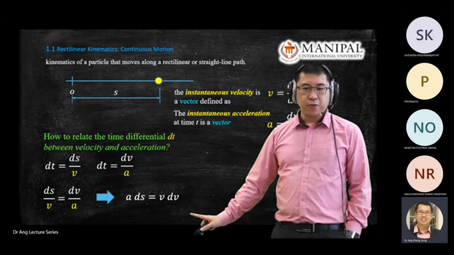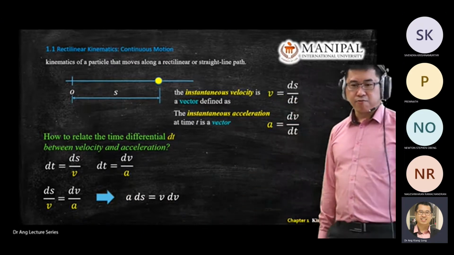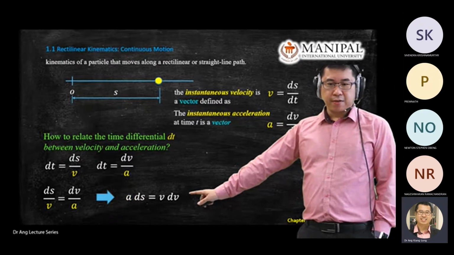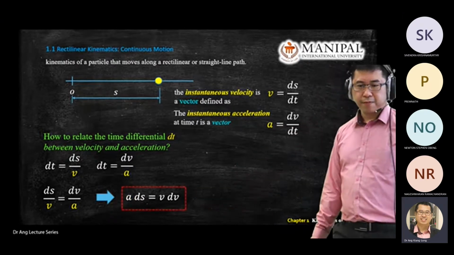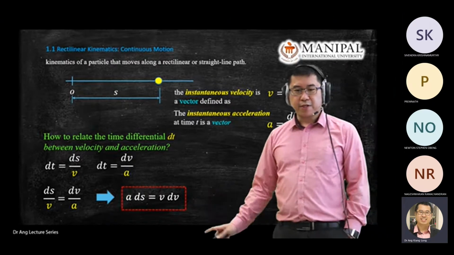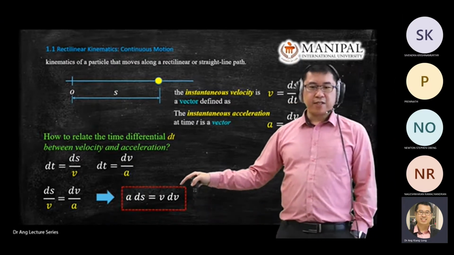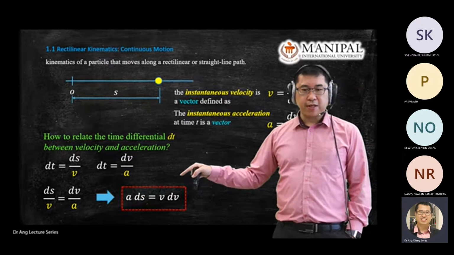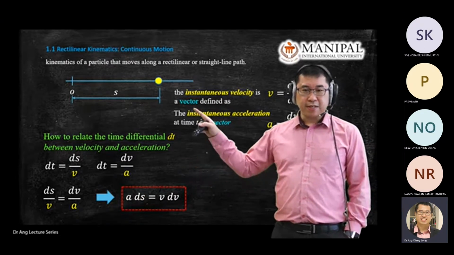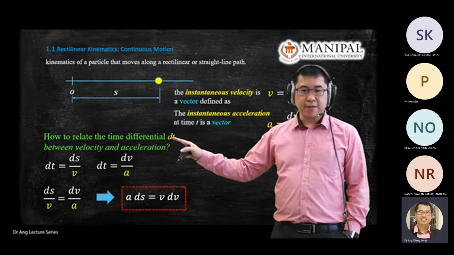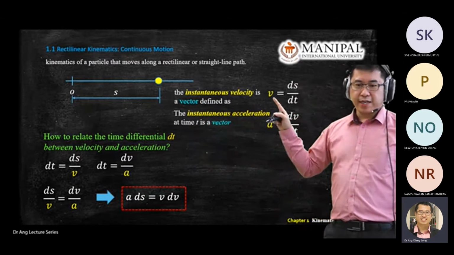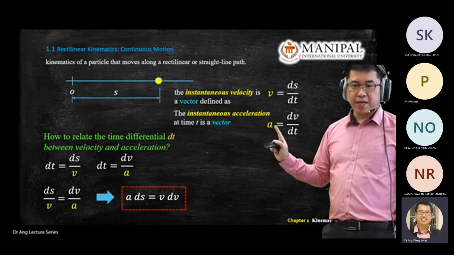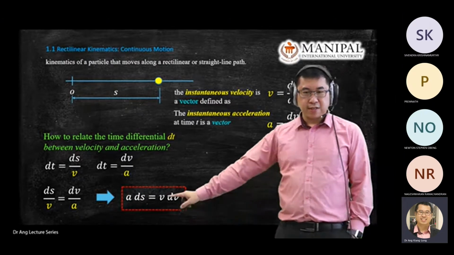Remember this one, we will use it in tutorial questions and in the lecture later on. I think this is the fifth equation. When you're looking at the same particle over the same dt, and you want to relate s, v, and a together, you can use this equation.